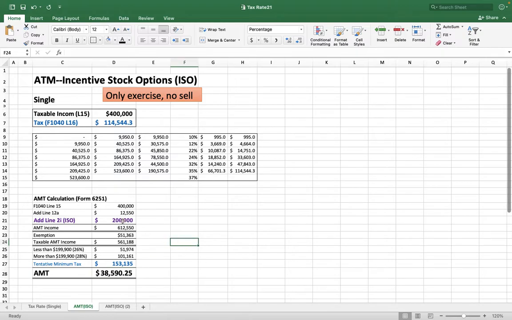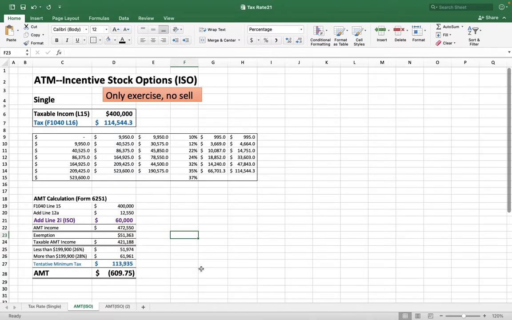I just want to show you: if you exercise a smaller amount, say just 100, you will see the AMT is reduced. How about I recognize just 60? Then you will not be subject to AMT.